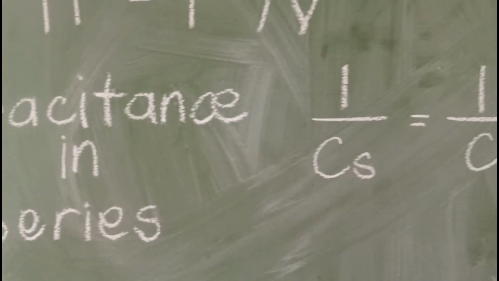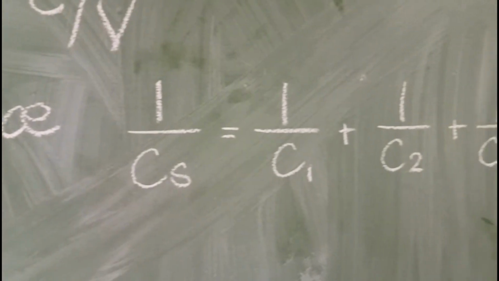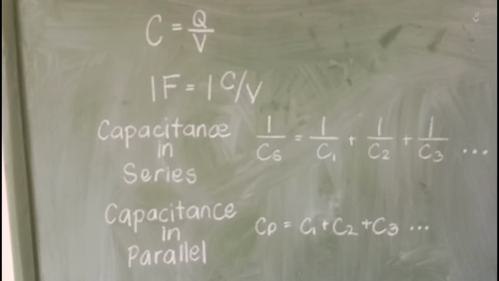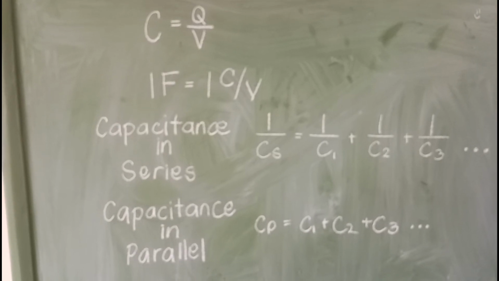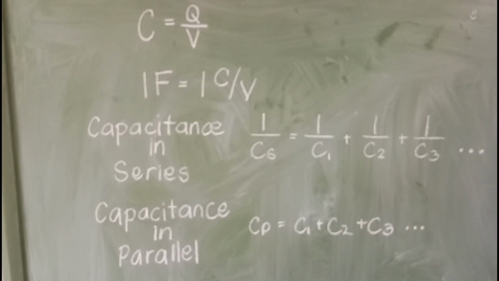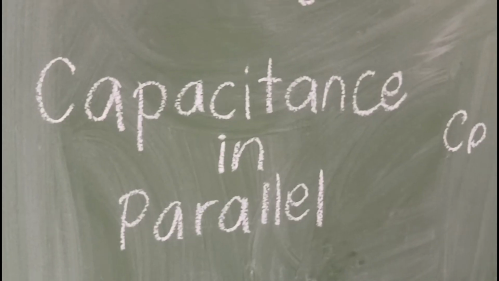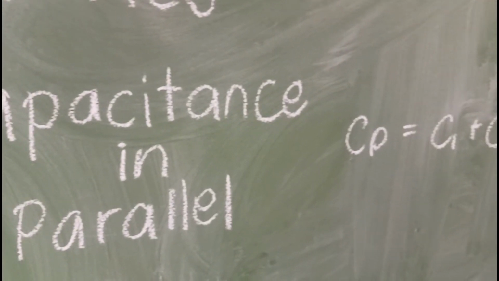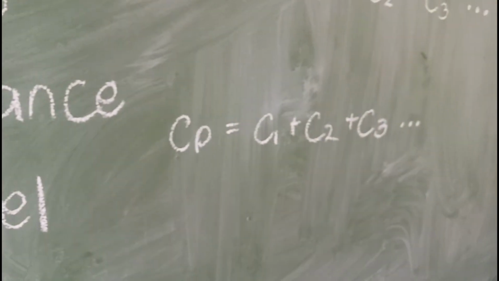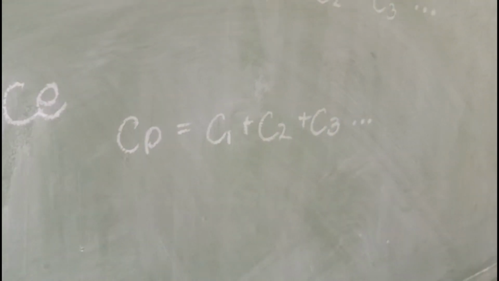Formula: 1 over total capacitance equals 1 over capacitance 1 plus 1 over capacitance 2 plus 1 over capacitance 3 and so on and so forth. Capacitance in parallel. Formula: total capacitance equals capacitance 1 plus capacitance 2 plus capacitance 3 and so on and so forth. That's all. We hope you learned something and apply it.